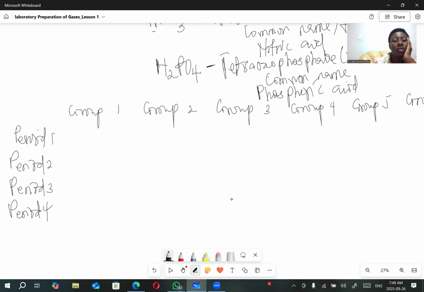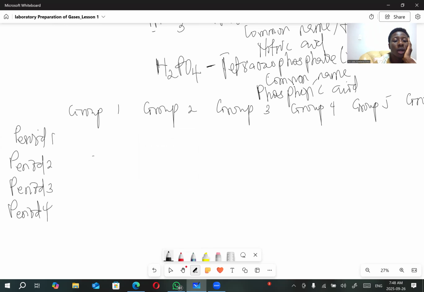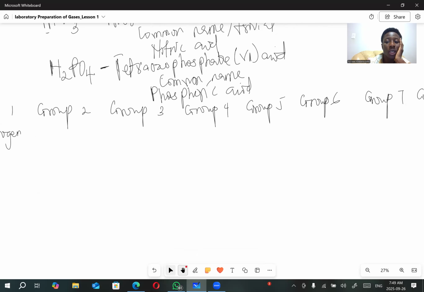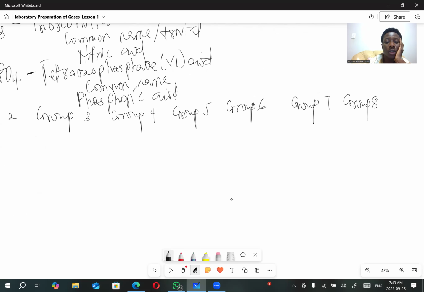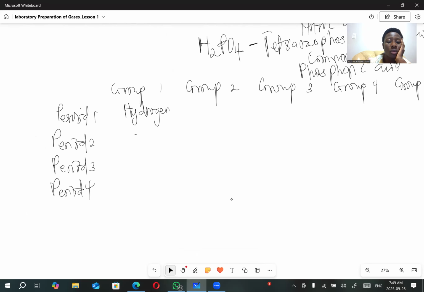Group 1 will be hydrogen, right? Yeah, so hydrogen is here. I don't have space, so I'll not write the chemical symbol. Then group 8 will be helium. Okay, that's how we start. You put helium as group 8. So then now you can flow from period 2.